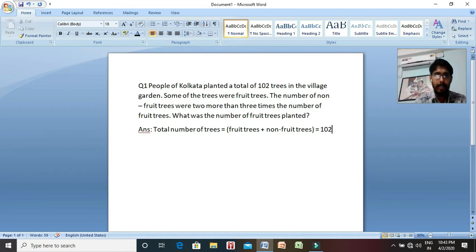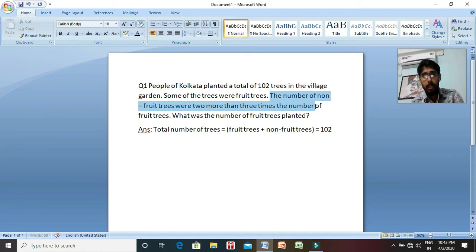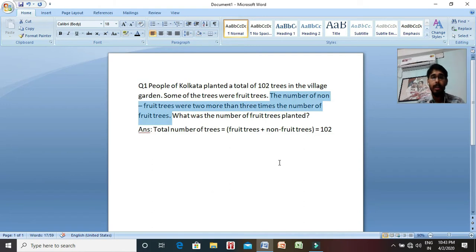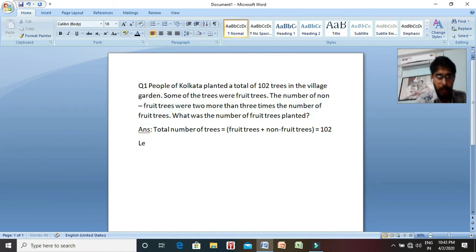Now the next thing is a line which is very important in this question. It says that the number of non-fruit trees, if I can mark this line for you. Okay, so this much is very important. The number of non-fruit trees were 2 more than 3 times the number of fruit trees.